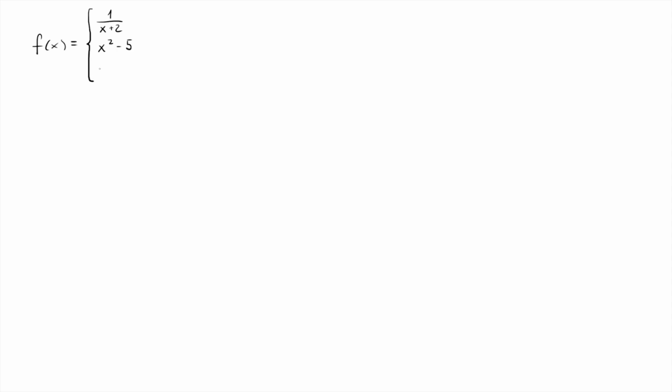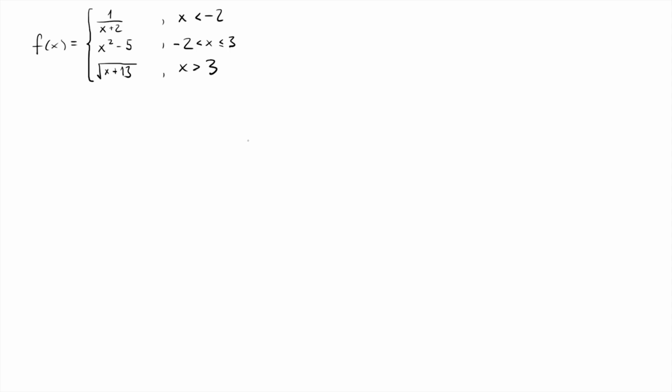And finally, it is defined as the square root of x plus 13. For 1 over x plus 2, that is whenever x is less than negative 2. For x squared minus 5, that is when x is between negative 2 and positive 3. And for the last one, it's whenever x is greater than 3.